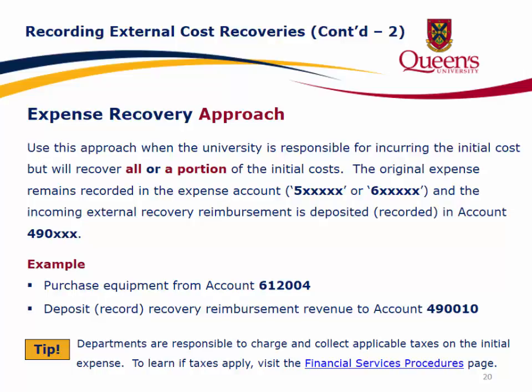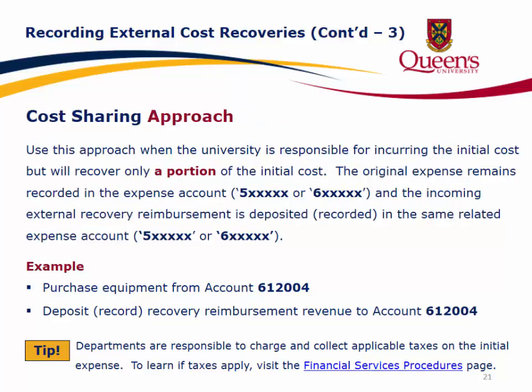For example, purchased equipment from the equipment purchases account 612004. In this case, deposit or record the recovery reimbursement revenue to the external cost recovery revenue account 490010. A tip to keep in mind, departments are responsible to charge and collect applicable taxes on the initial expense. To learn if taxes apply, visit the Financial Services Procedures page.